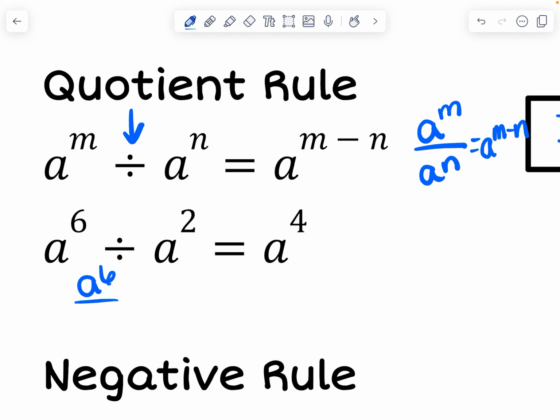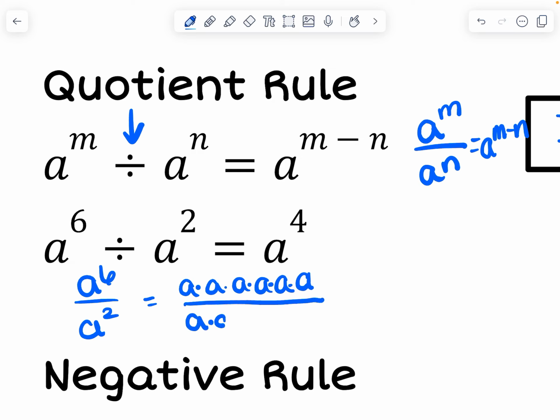So this is a to the 6th over a squared. 1, 2, 3, 4, 5, 6, and I have it over 2 of them. Okay? A divided by a is 1. A divided by a is 1. Well, how many a's are left? There are 4 left.